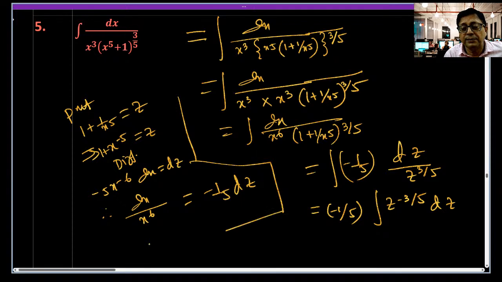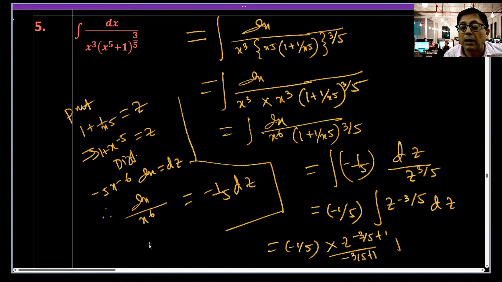So now integrate: 1 by 5 by minus 3 by 5 plus 1, that plus c.